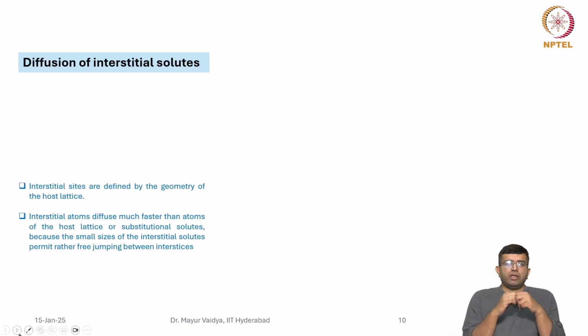Then let us spend a few minutes on seeing some of the trends in the diffusion of interstitial solutes in metals, which are again very important. These occupy the interstitial sites of the host lattice and diffuse much faster than the atoms of the host lattice or the substitutional solutes, because the sizes of these interstitials are very small.